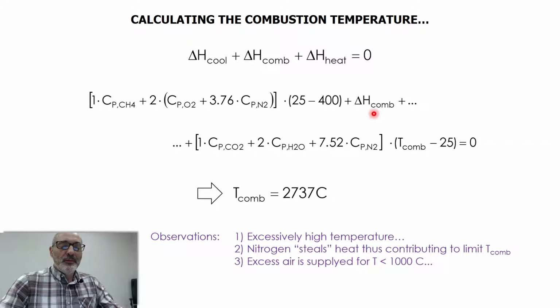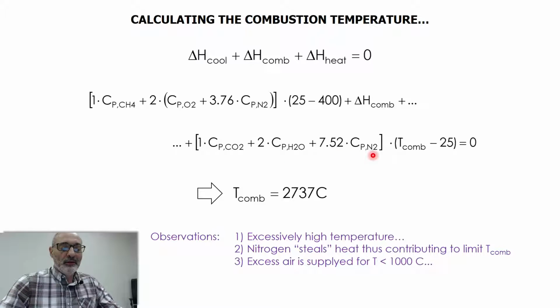Then we have the combustion enthalpy, and then the heat necessary to heat from 25 to the combustion temperature. And the combustion temperature is unknown right now. Okay. So I do the same. This is a Cp of CO2. I have 1 mole of CO2, 2 moles of water, and 7.52 moles of nitrogen.